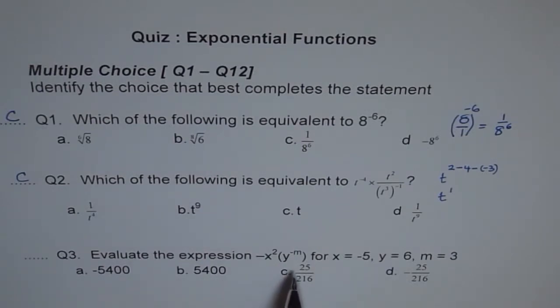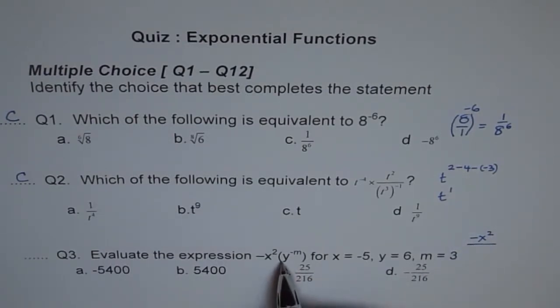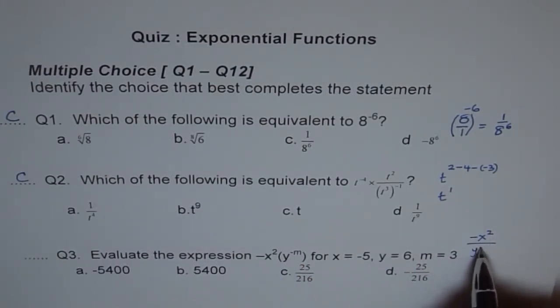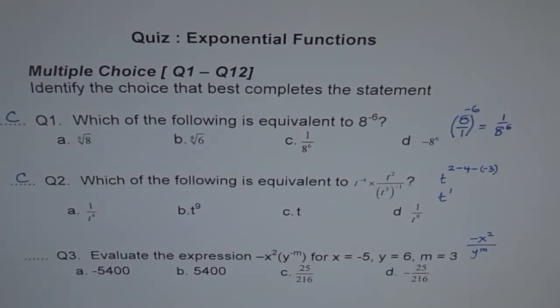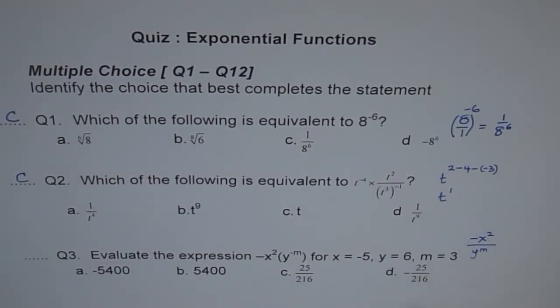When you have this question, it says evaluate this expression for x equals minus 5 and y equals 6 and m equals 3. So here what you should do is write it in a convenient form, like x squared over y to the power of m. We just write this in this form, whichever is good for you, because the answers are like this, correct?